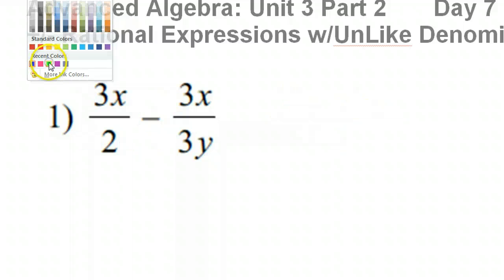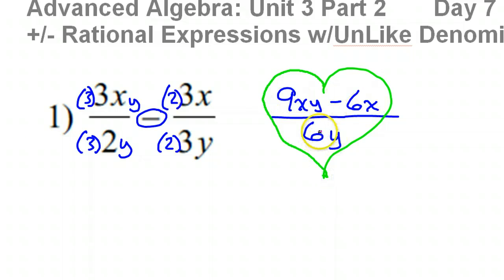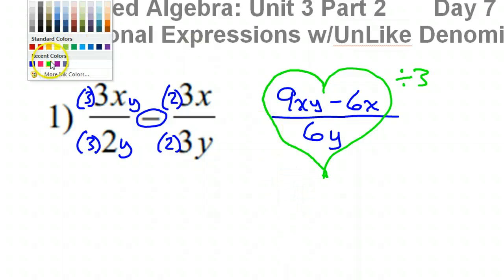Back in the day when I used to simplify the end of a quadratic formula problem, I would put a heart around things to remind me that I needed to do all three or nothing. This, and this. Now all three of these are divisible by 3. So I am going to divide all three of these by 3 to get my final answer.